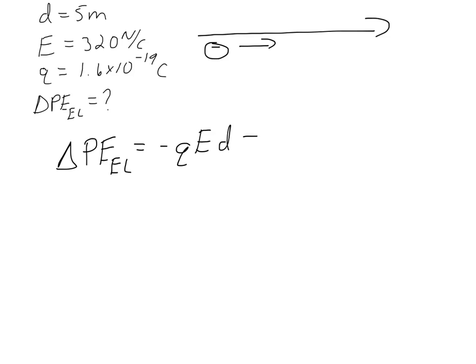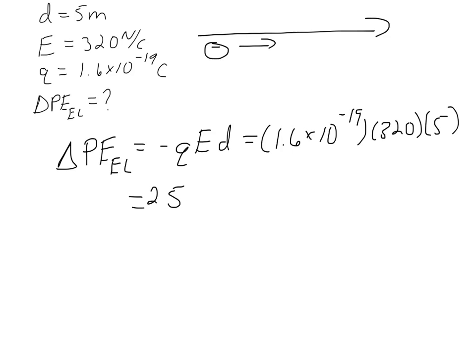So we plug our numbers in, we get 1.6 times 10 to the negative 19th times electric field is 320 times our distance is 5. When we multiply that out, we get our change in electric potential energy to equal 2.56 times 10 to the negative 16th joules.